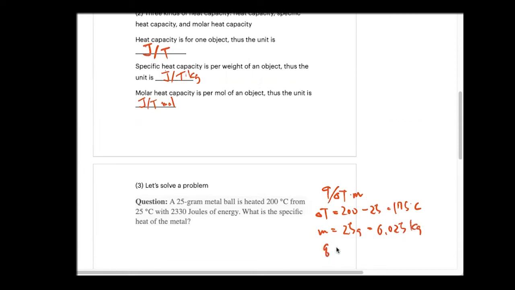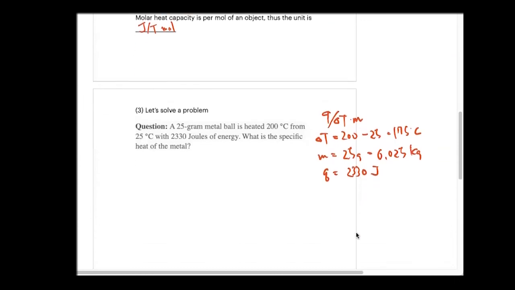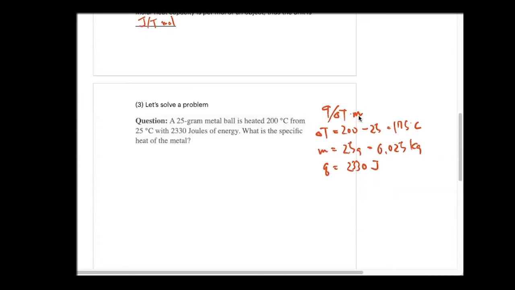Q is 2330 joules. And by just using the equation for specific heat capacity, it is 2330 divided by 175 multiplied by 0.025.